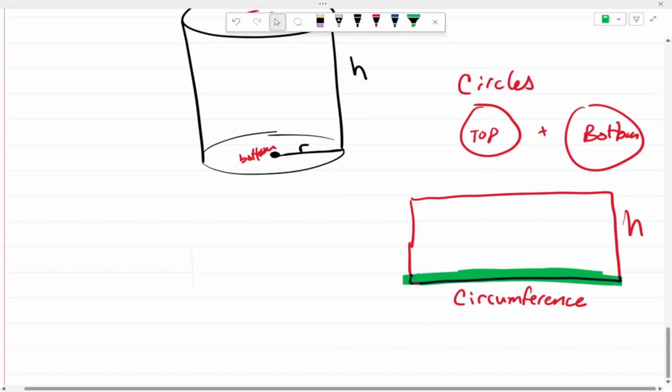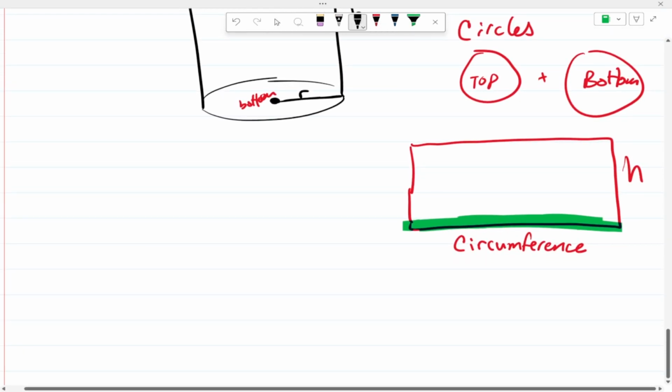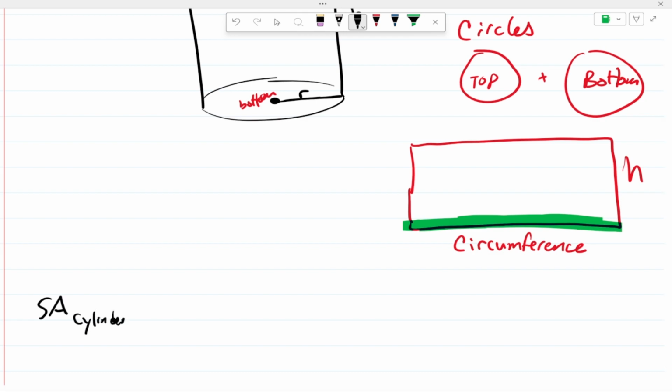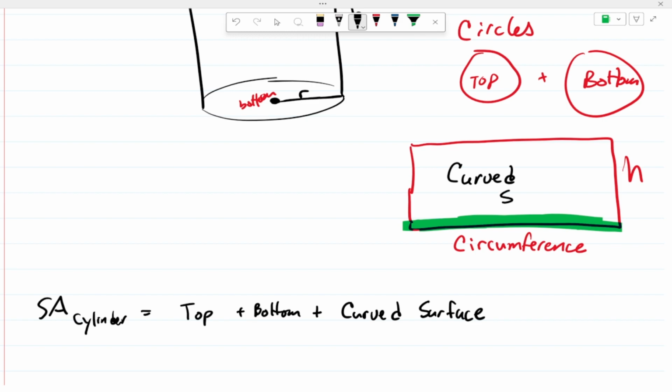All right. So when we want to find the surface area for a cylinder, we have to take the top plus the bottom and then plus, and this is what we call it, a curved surface, where the curved surface is this rectangle looking thing.